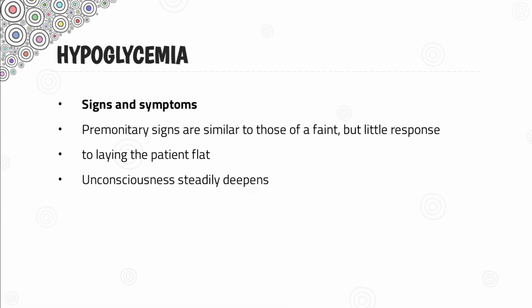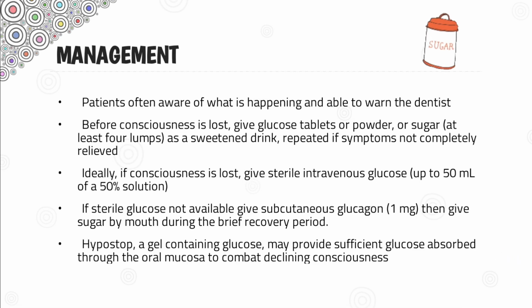Other causes include hypoglycemia. So, hypoglycemia, the signs and symptoms are almost similar to fainting, but even when you lay the patient flat, there won't be much of a response, and the unconsciousness will steadily deepen. So, how to manage? First of all, the patient will be aware of this condition and they will be warning the dentist.